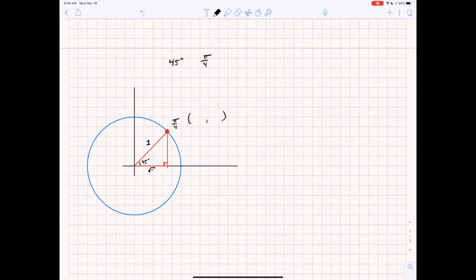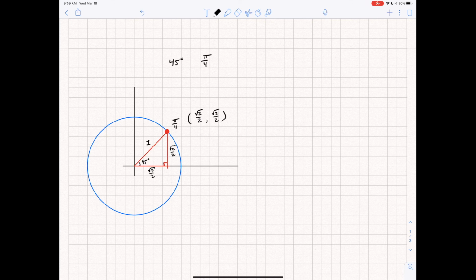This side is root 2 over 2. This side is root 2 over 2. To find the coordinate, notice that this horizontal side here is my x, because that's how many steps to the right I'm going. And this is my vertical, so there's my y. And so we have the terminal point.